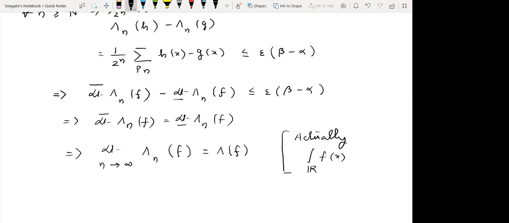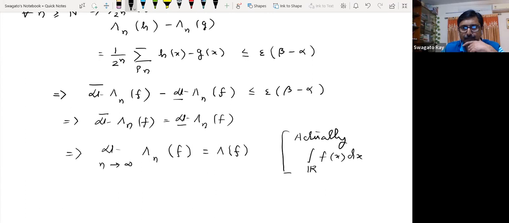And again, the moment I write that, people get confused because Riemann integration is always done over bounded regions. I say here it is actually over a bounded region. It is nothing but the integral from alpha to beta of f(x) dx. There is no problem because outside that the function is actually 0.